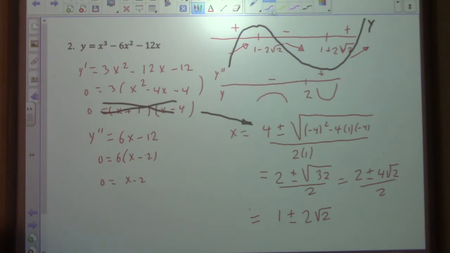So therefore, there's a point of inflection at x equals 2. And why? Because y double prime changes from negative to positive.